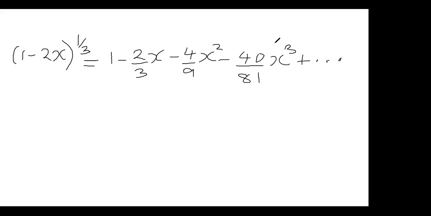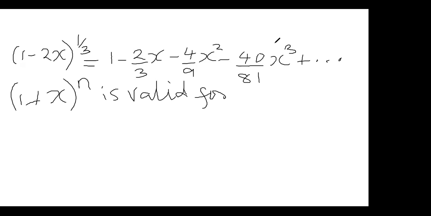Now the other part is asking us to state the set of values of x for which the expansion is valid. So what will be that set of values? So remember, (1 + x)^n is valid for values of x such that the absolute value of x is less than 1.